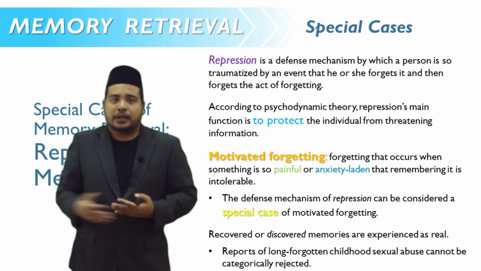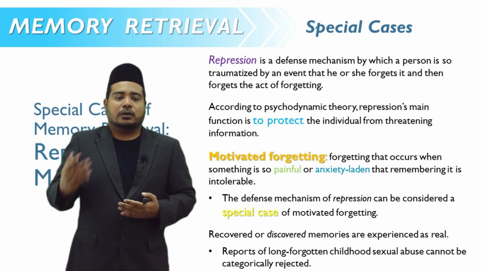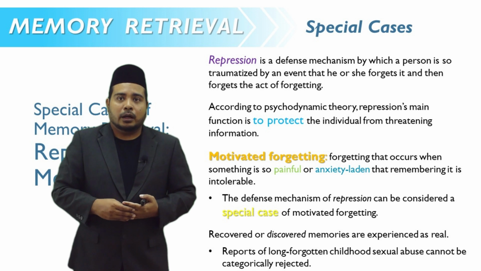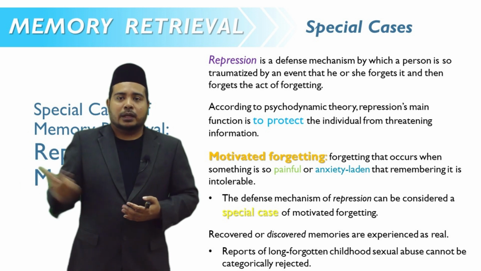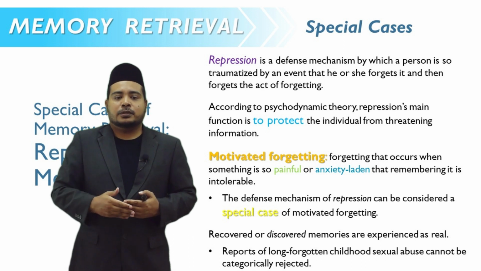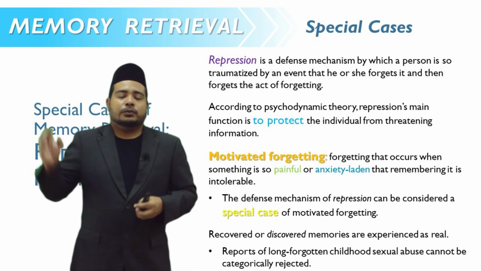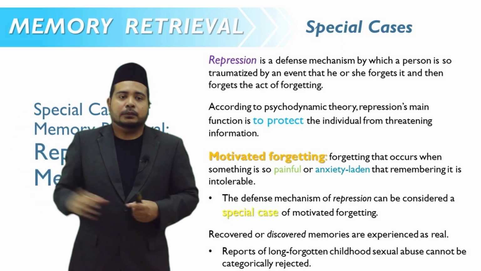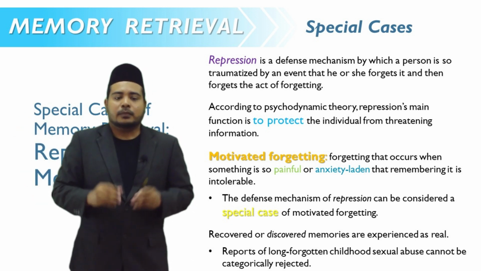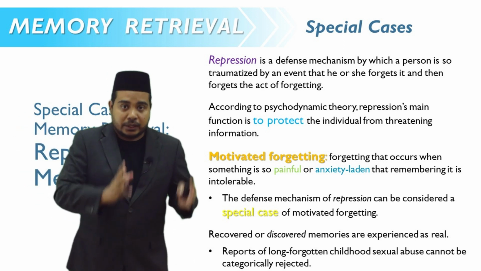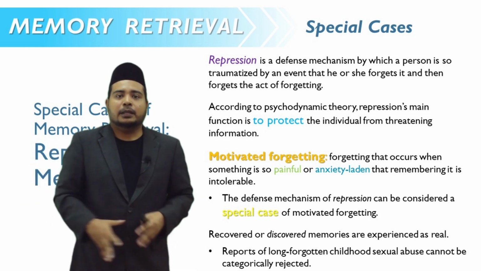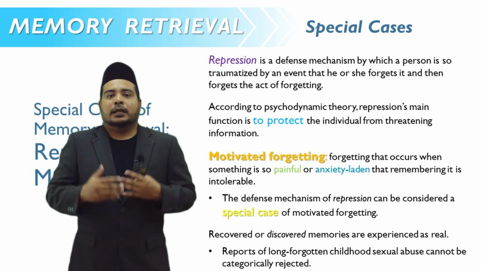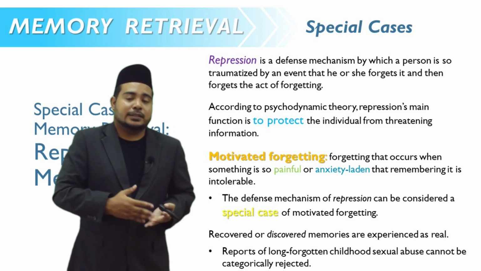So one of my friends conducted research on rape victims. Another one conducted research with victims of sexual abuse. So they are people who actually experienced something very traumatic, affecting their psychological well-being and their growing up, and they develop some disorders as well.